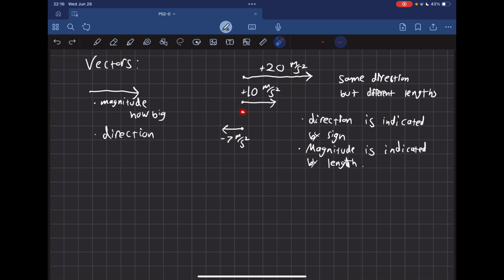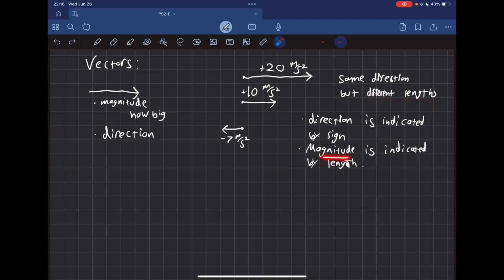And then we have plus 10 meters per second squared to the right. Now notice that plus 20 meters per second squared to the right looks to be roughly twice as big as the 10 meters per second squared. That is purposeful. These two have the same direction, but they have different lengths, or different magnitudes.